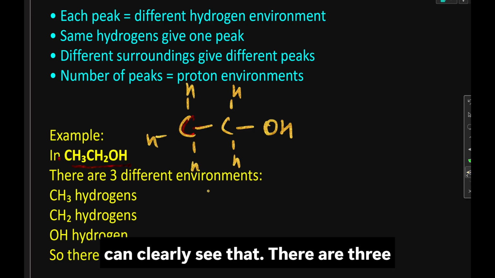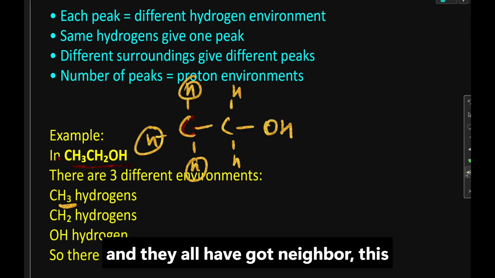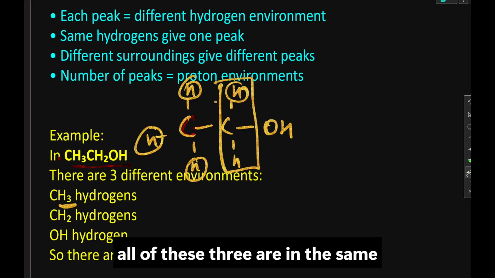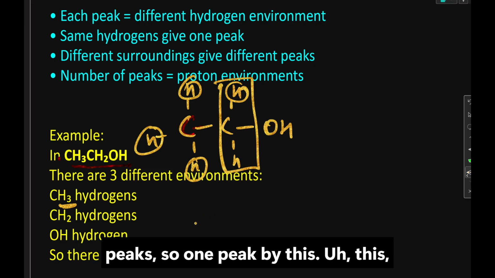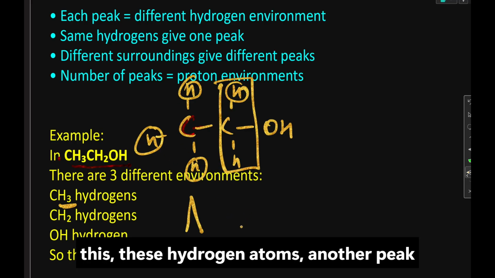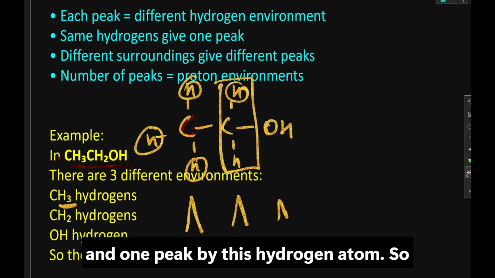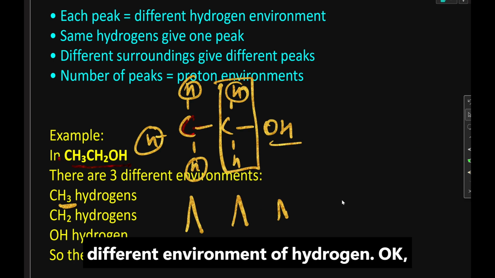You can clearly see there are three hydrogens on this one, and they all have the same carbon atom as neighbor. So all three are in the same environment, and there will be three peaks: one peak from these hydrogen atoms, another from these hydrogen atoms, and one from this hydrogen atom. Three peaks, because there are three different environments of hydrogen.